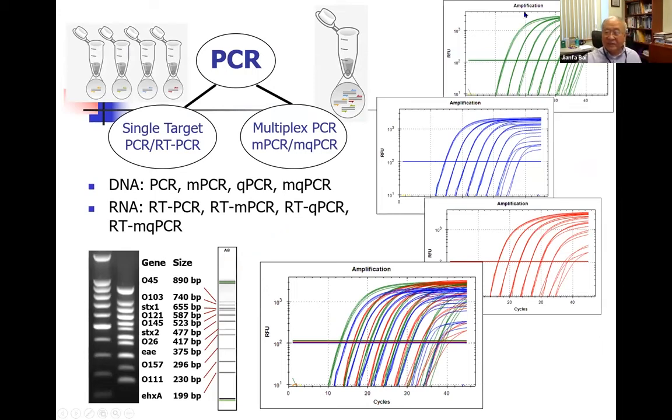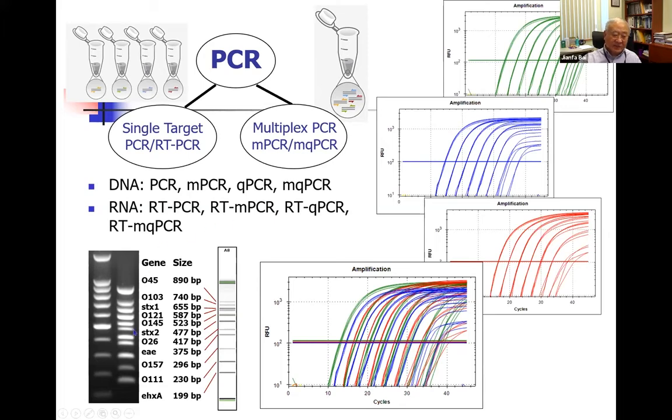For real-time, you label the probes with different dyes, so you can multiplex them, but it's up to 5 colors. That's what machines commercially available on the market support currently. You can only buy machines for 5 colors. There's only one system that can detect 6 colors.